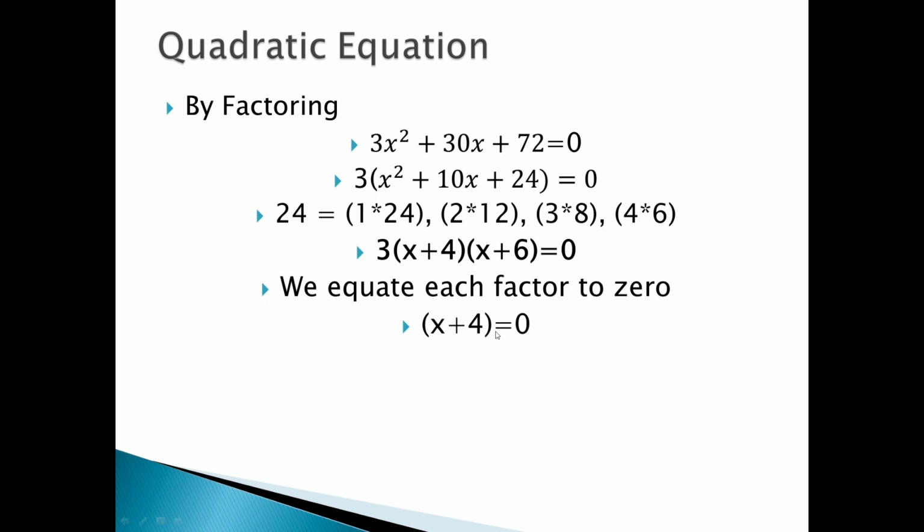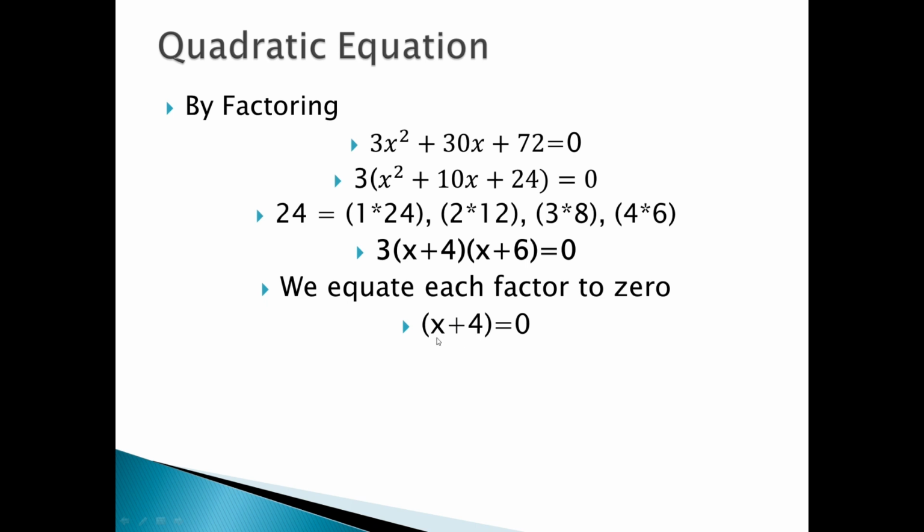So what's the concept behind this? Why are we equating it to 0? Because knowing that this is multiplication, 3 times x plus 4 times x plus 6, if one of these factors is equal to 0, the whole thing will be equal to 0 by multiplication. Right? 3 times 0 times anything is equal to 0. So we are trying to find the value of x that will make this equal to 0.